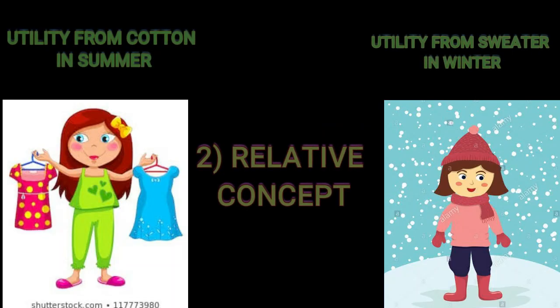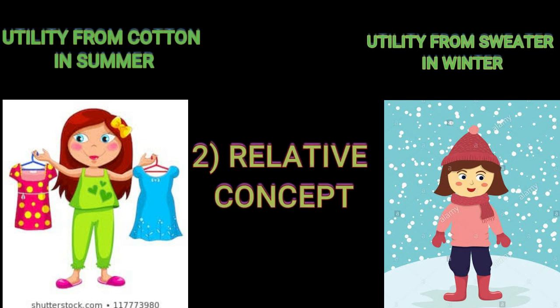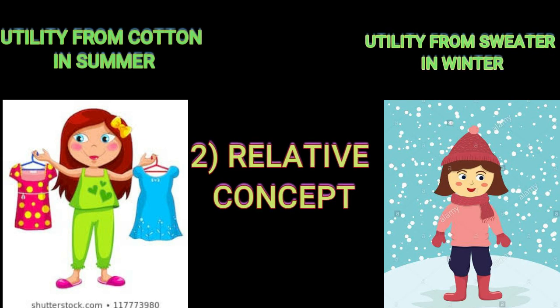Number two is utility is a relative concept. It is a relative concept as it is related to a certain time and place. In other words, utility differs with time and place. For instance, as you see on your screen, the utility derived from cotton will be more in the summer season, and the utility derived from woolen clothes will be more in the winter season.